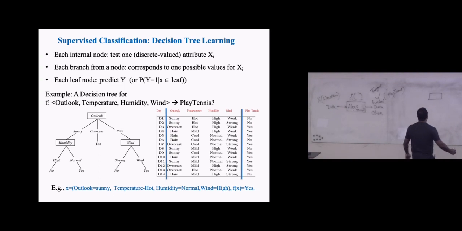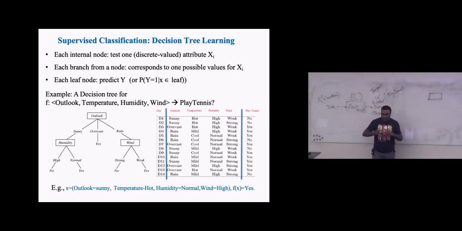Now, the way the decision tree works is you first select one of the attributes from X, and then you make a decision based on the value of that attribute.